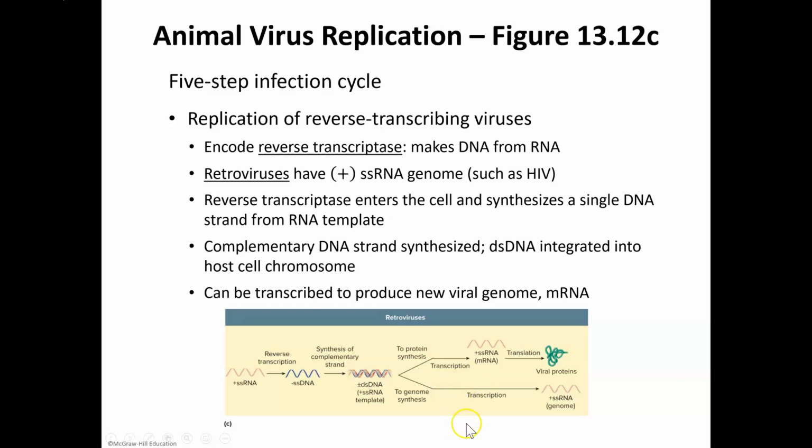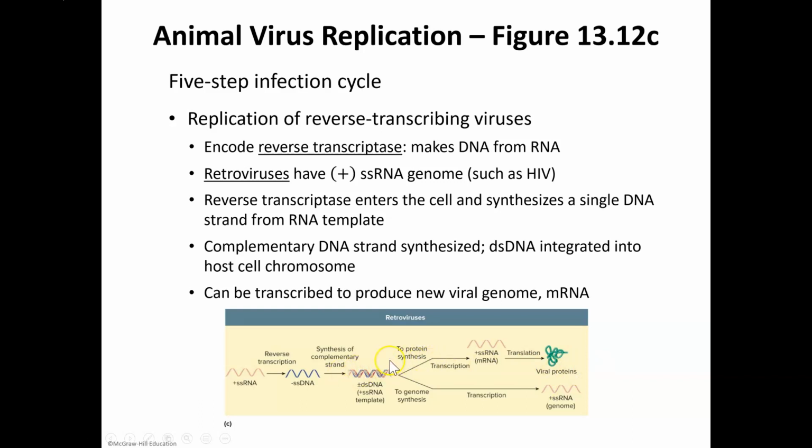So here we have this positive stranded RNA right here. Reverse transcriptase is used to produce a single-stranded negative strand DNA. Then DNA polymerase in the cell can produce the positive DNA strand, and this can then enter into the host genome. So it can incorporate itself in the host genome and become a provirus.